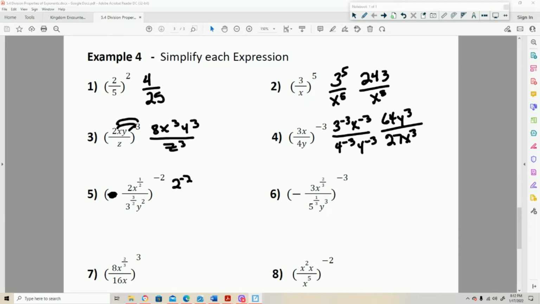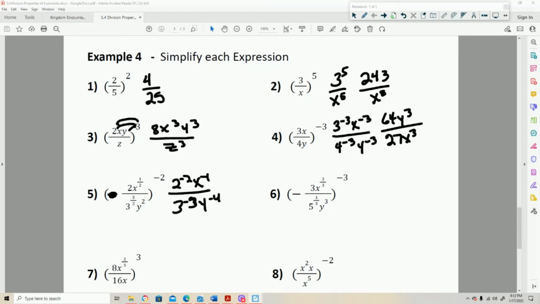And negative 2 times 1/2 is negative 1. So I get x to the negative 1 over, okay, negative 2 times 3/2 is negative 6/2, which is negative 3. So I get 3 to the negative 3. And then I get y to the negative 4.